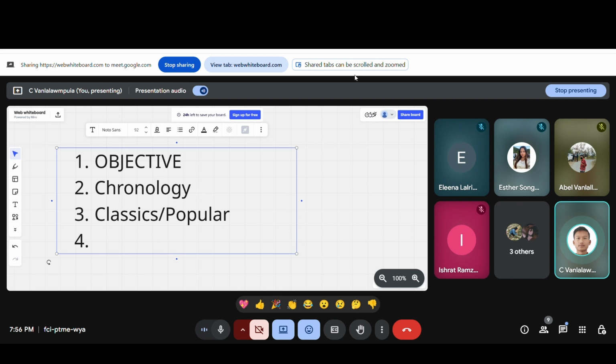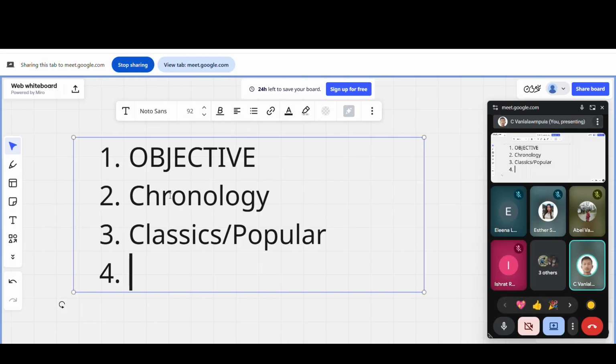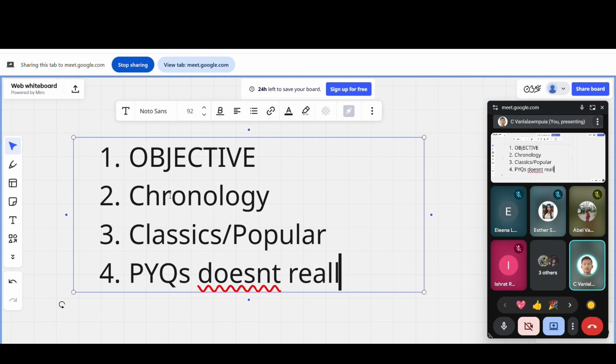And the next thing I would want to say is PYQs, past questions. Previous year questions don't really help. What I'm saying is, you don't need to reread all those previous year questions, because the repetition rate is so low. If you read the previous year questions, there's a chance that none of the questions will be repeated.